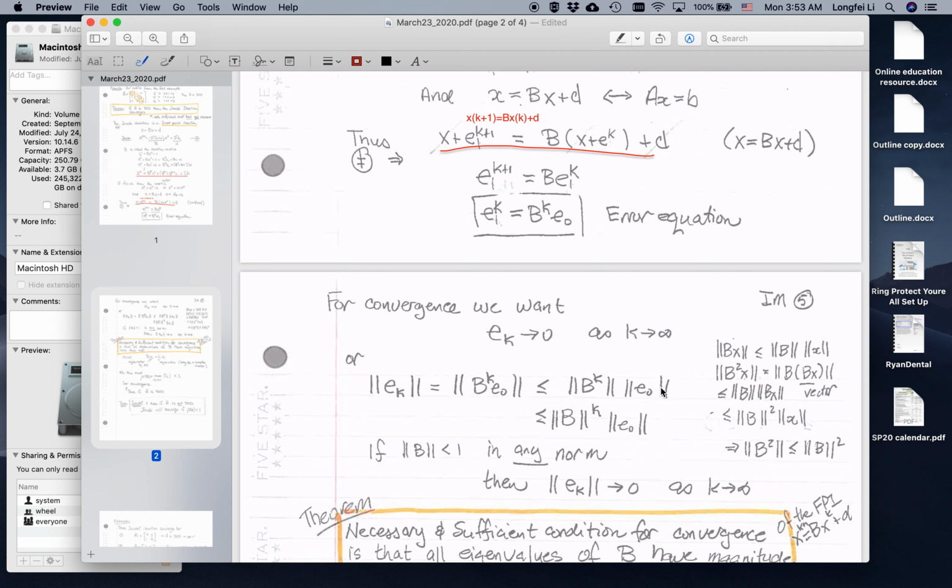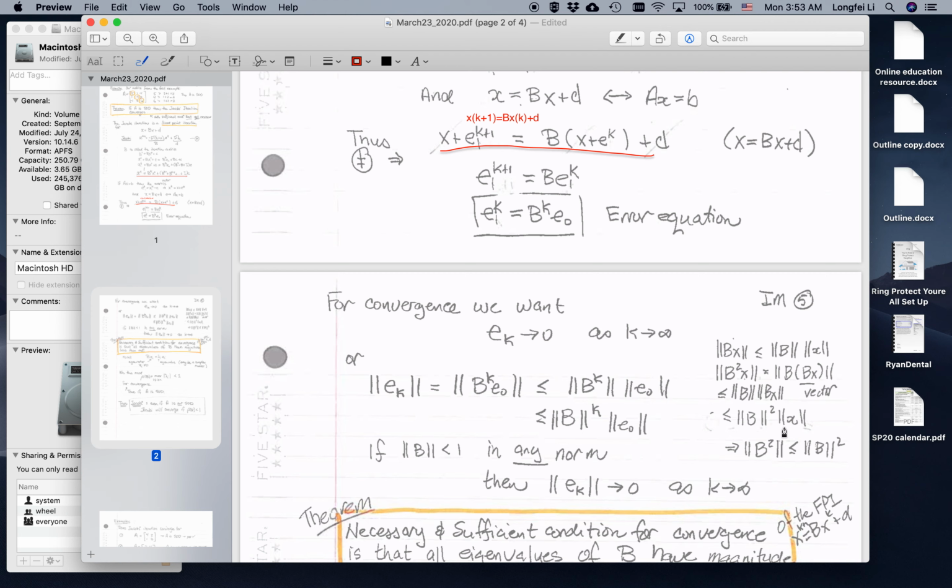Before we show that, let's derive some useful results that will be used. We know that the norm of Bx is less than or equal to the matrix norm multiplied by the norm of the vector. We had these results before. So B squared x is therefore bounded by using this twice: B applied to Bx, and then using it again.